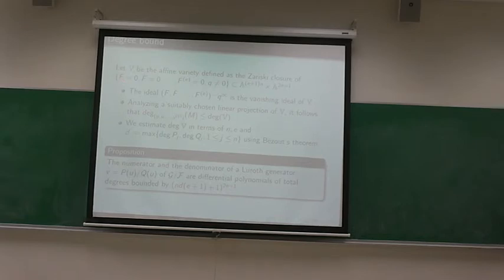So what we get is that the degree of the variety is at most this number here, where the n does not appear in the exponent. It's just exponential in e, which was the order, but not in the number n of given generators. Using this, and the fact that the numerator and the denominator of the Lüroth generator were just specializations of them, we get this degree bound with this exponential number.